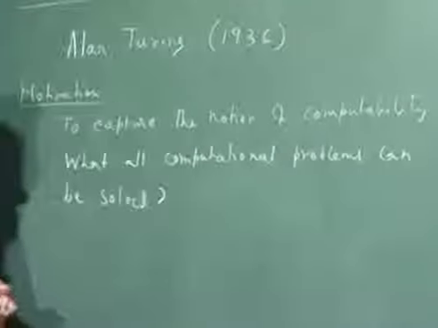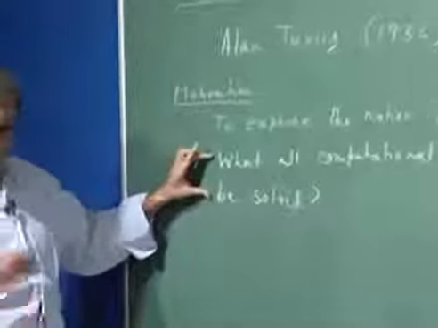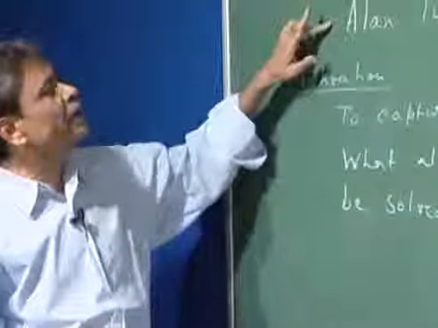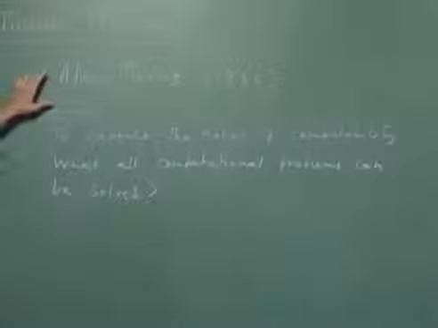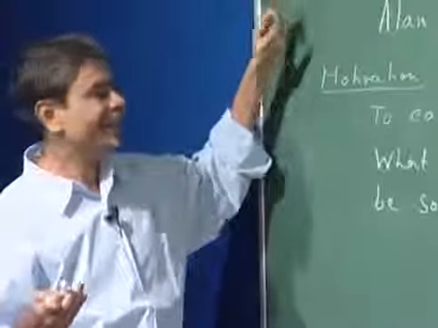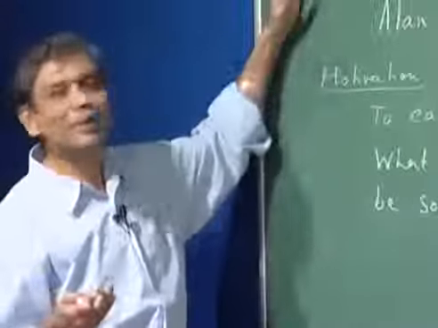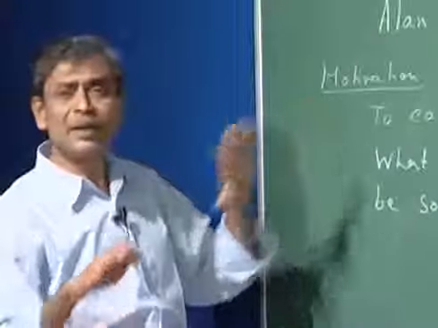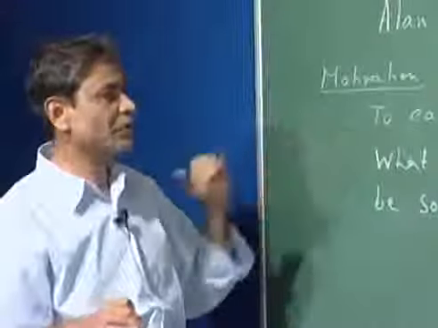Even today this is a question that we have, and way back in 1936, before digital computers were even there, Alan Turing defined Turing machines, and today we understand that they totally capture the notion of computability.